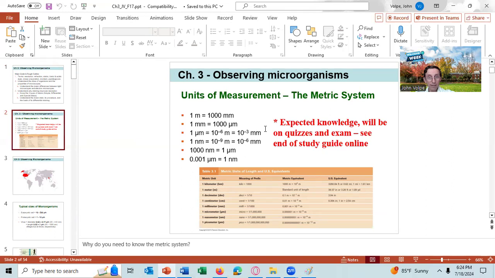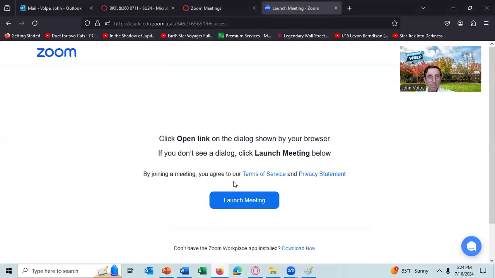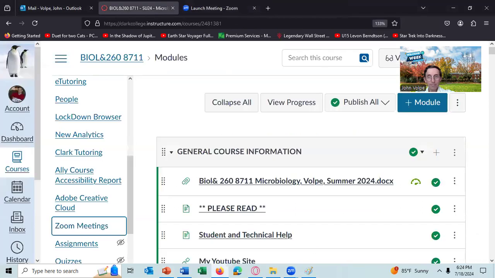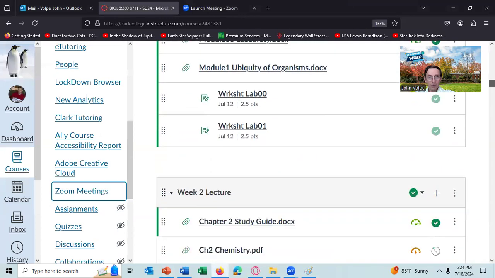You can see the end of the study guide for some help on the metric system, as well as this slide here. And let's see if I can show it. I've got something online to help you study or learn the metric system.